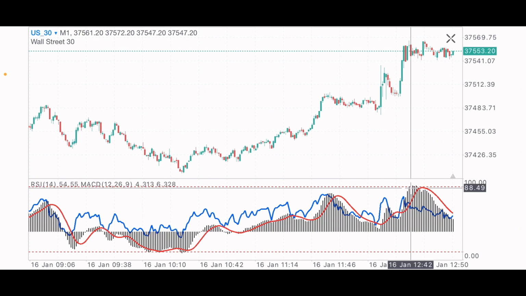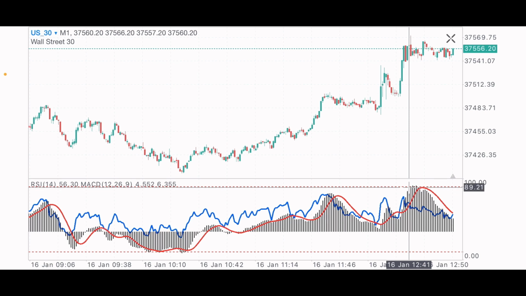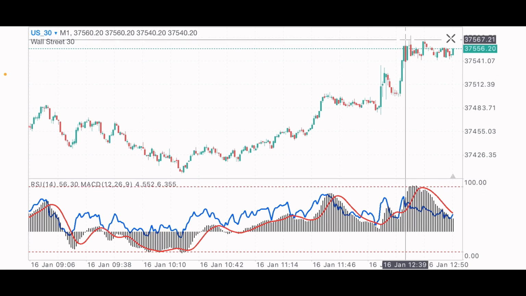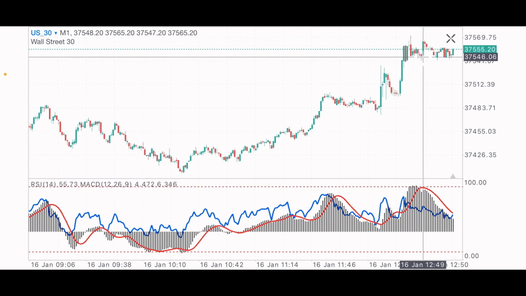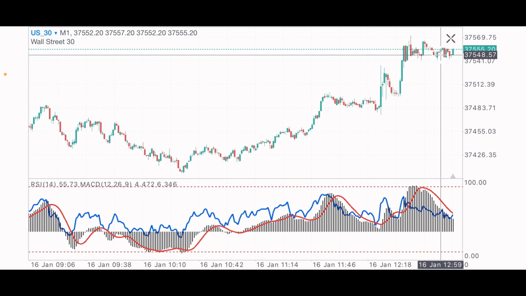When people keep buying the market, the price will be increasing because there is more demand in the market, so the market would sell, just as we're seeing right here. When price gets to this point right here, the market sold, just as you see right here. Again, the market sold.